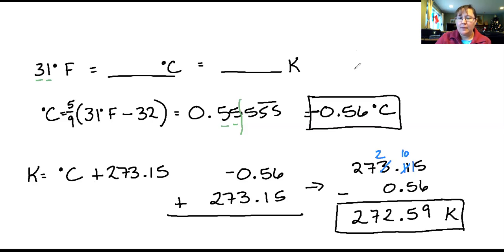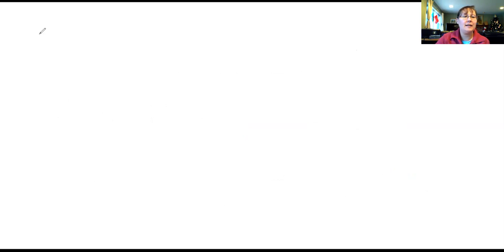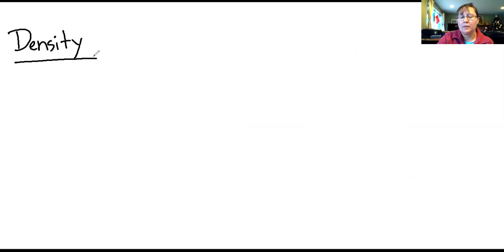The next math concept that sort of finishes out this chapter is the idea of density. Density is very important. It is one of the primary physical factors that we can use to classify solids, gases, and liquids. Okay, so density is equal to mass divided by volume.